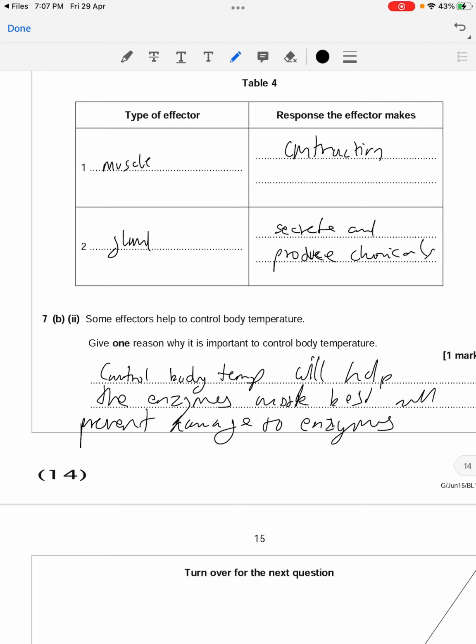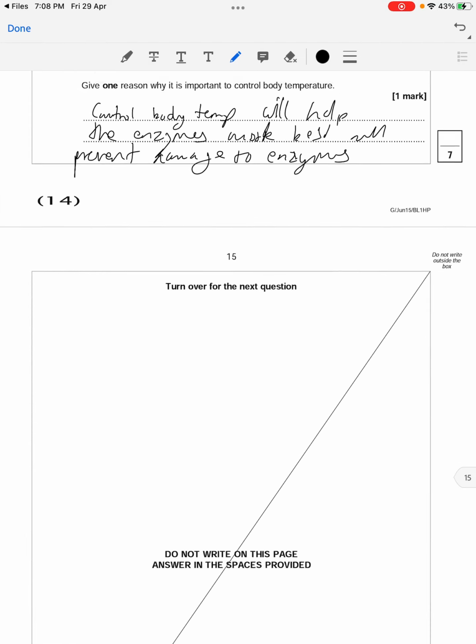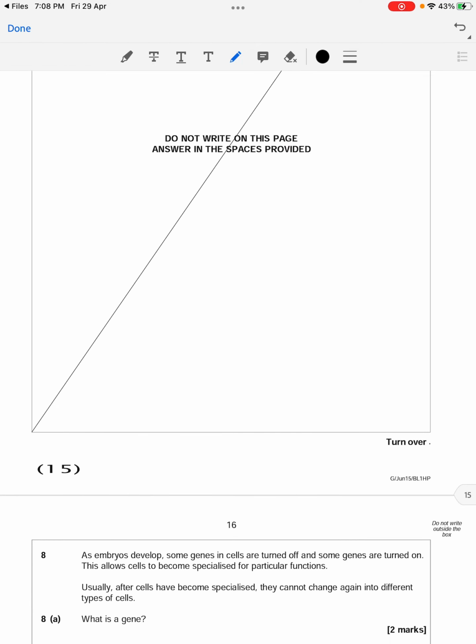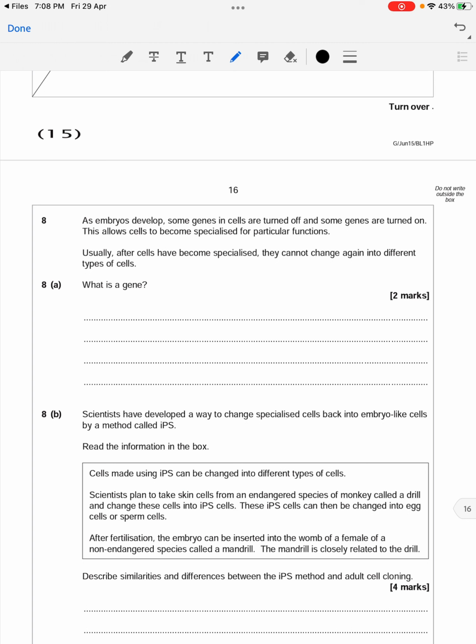Basically, by increasing the temperature, you will indirectly denature these enzymes. So preventing enzymes from being denatured by a temperature increase is pretty vital.